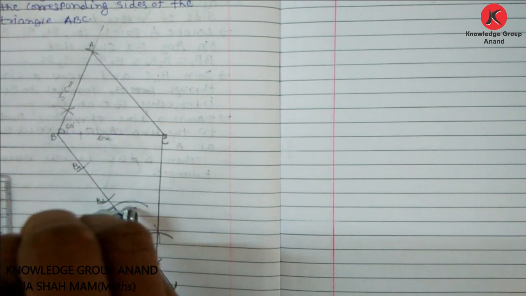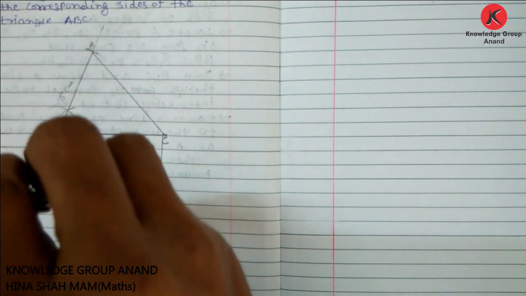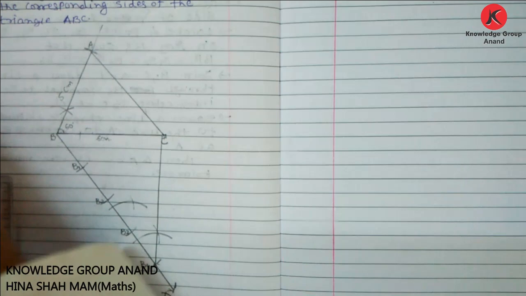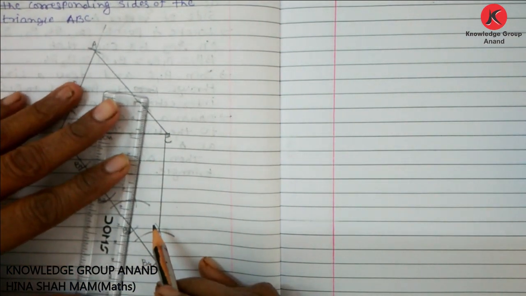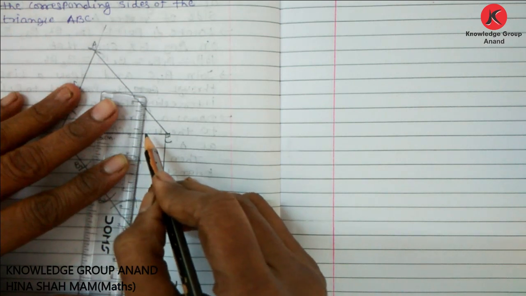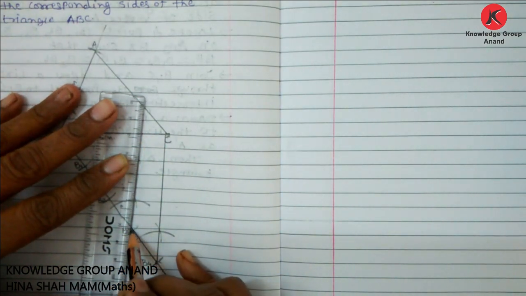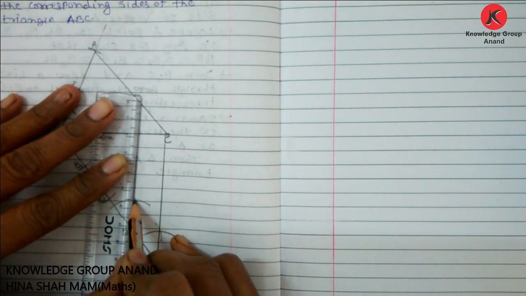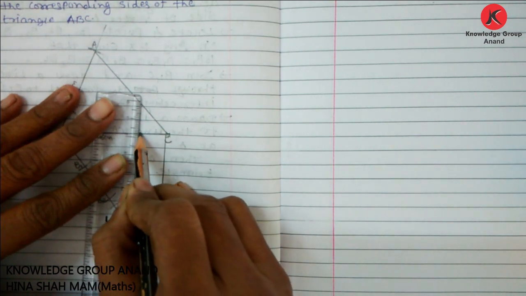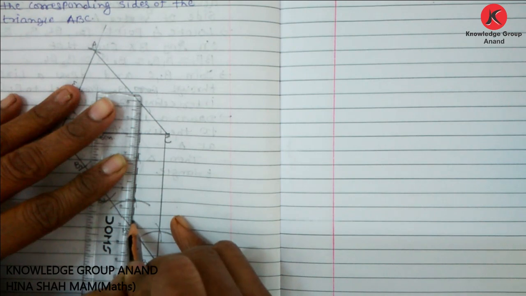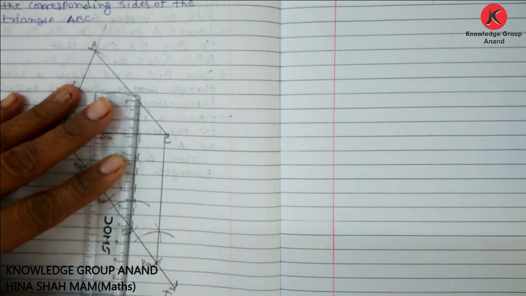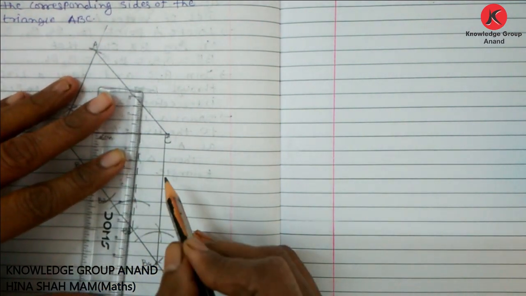Now draw this angle and then parallel through B3, parallel to B4C. It intersects BC. Yes, it's correct.